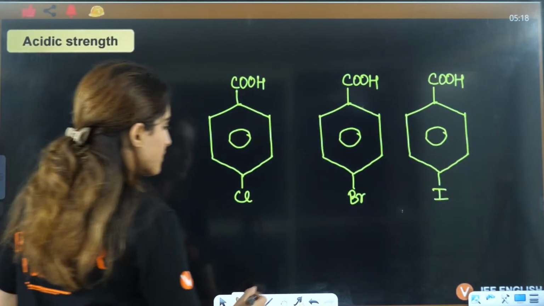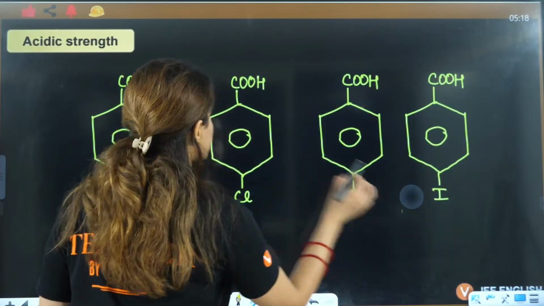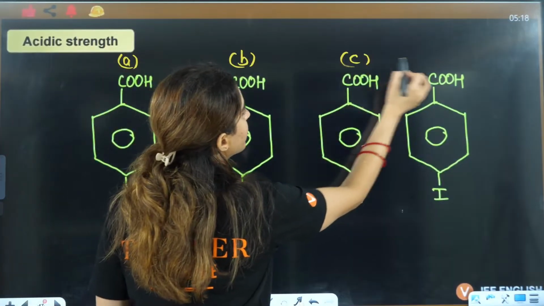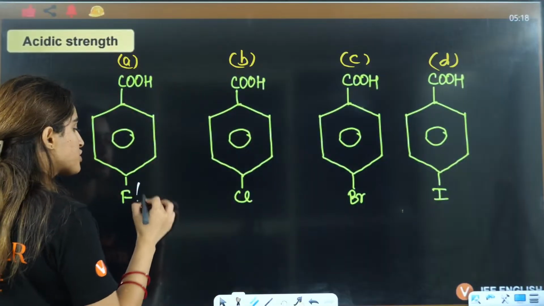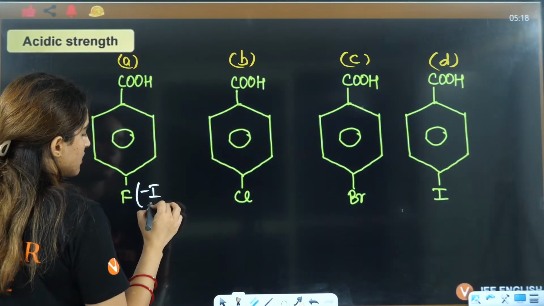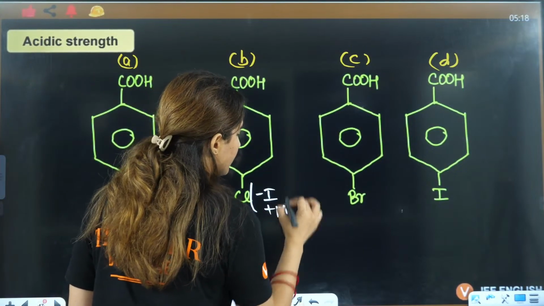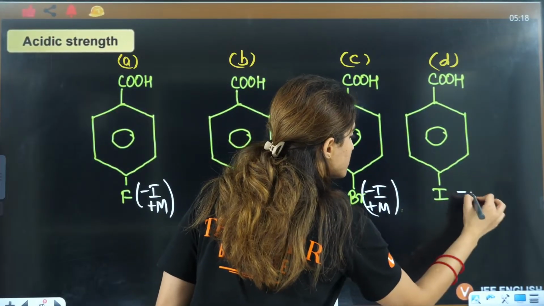Right? Now this one is same as we did before. Let's see if you can answer this or not. This is A, this is B, this is same as phenol, okay? Now on the para position, minus I and plus M, both are valid. And what is the overall effect of minus I plus M in case of halogens?